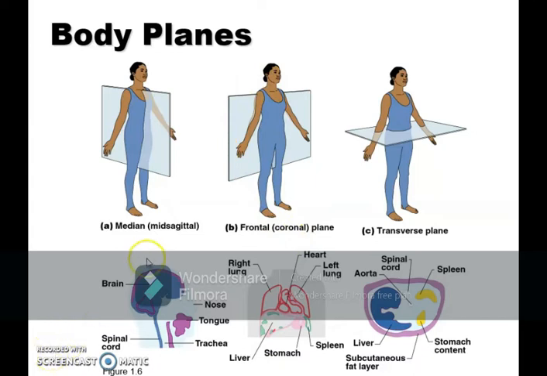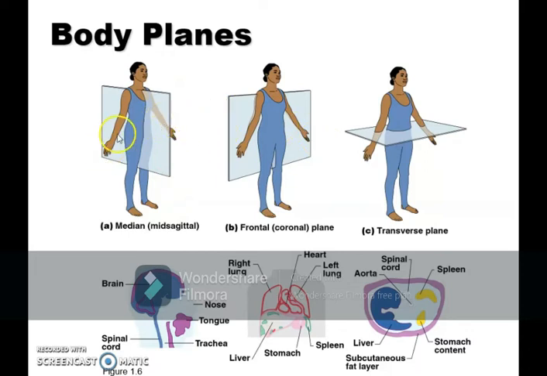The second one is the sagittal. The median, the mid-sagittal. The median means middle. It is a vertical plane running from front to back that divides the body or any of its parts into right and left.